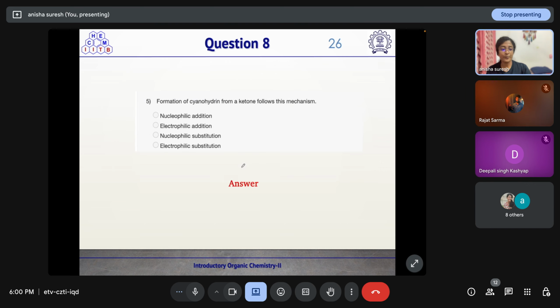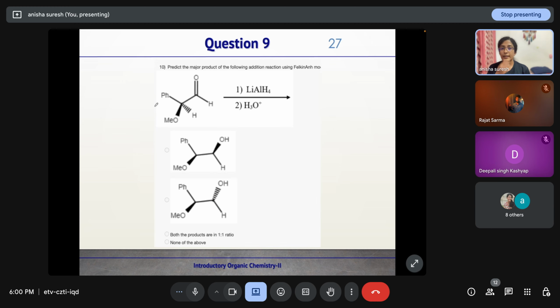Now coming to next question. Predict the major product of the following addition reaction using Felkin-Anh model.